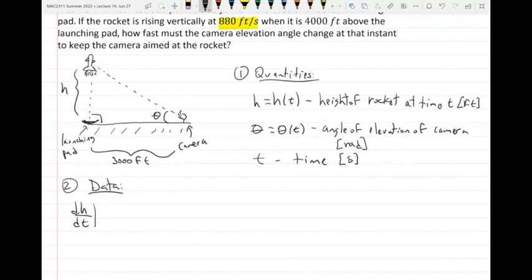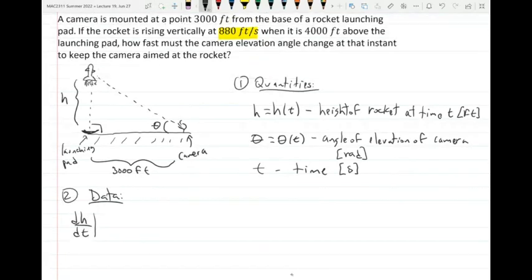Anyway, this time dH/dt is not a constant, but it's telling us that at this point in time, when h is 4,000, dH/dt is 180. Is it clear? It's different from the previous situation.